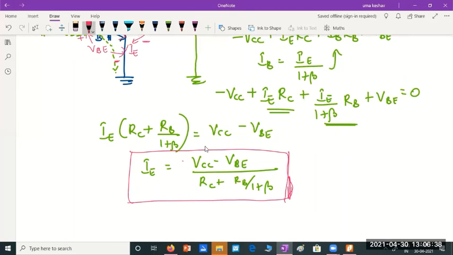And instead of VCC, we would have V Thevenin, which is VCC R2 by R1 plus R2. So some small changes, but still this is a constant voltage, the larger voltage VCC. There we had only a portion of VCC and this resistance. So this is very similar to the voltage divider bias. Call this equation 1.